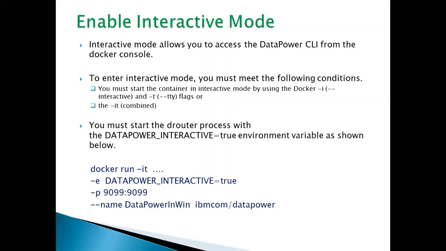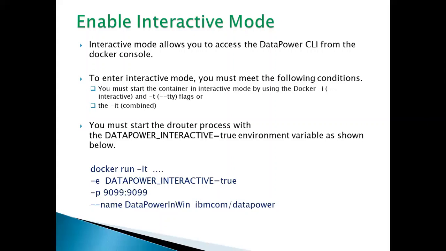You must also start the DataPower process with the DATAPOWER_INTERACTIVE environment variable set to true, as shown below. DATAPOWER_INTERACTIVE is the environment variable, and you have to set its value to true.